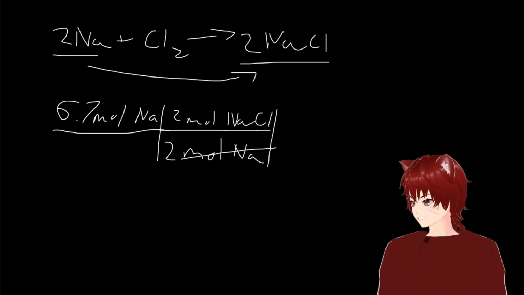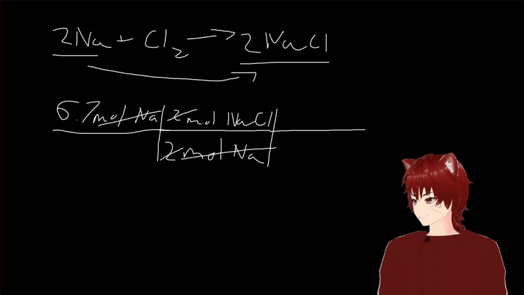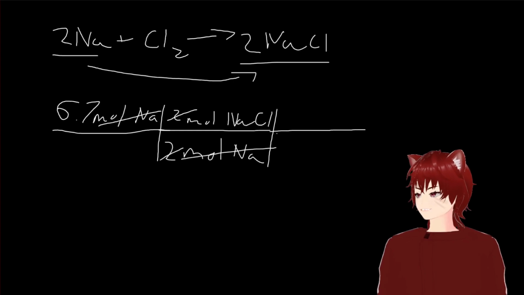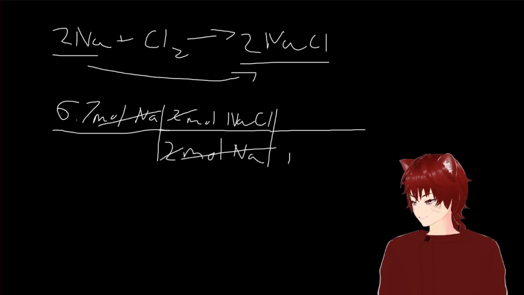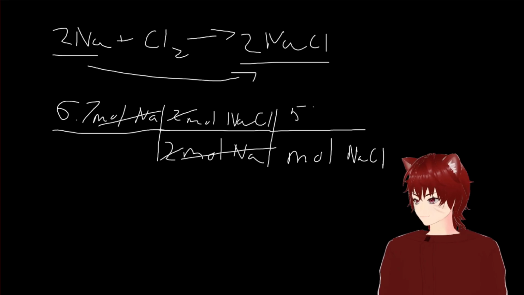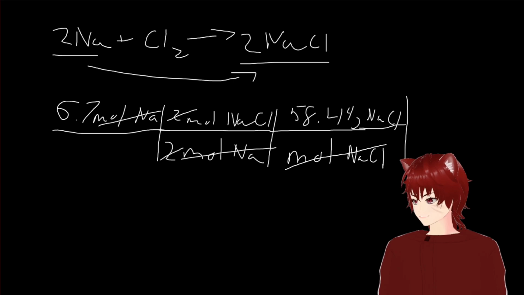Now we can cancel our labels because they're divided by each other. And we can also cancel these 2's, since 2 divided by 2 is 1. And now our label right now is moles of sodium chloride. And now, to get grams of sodium chloride, we can say per mole of sodium chloride, there is 58.44 grams of sodium chloride. And now these labels cancel, and we're left with grams of sodium chloride.